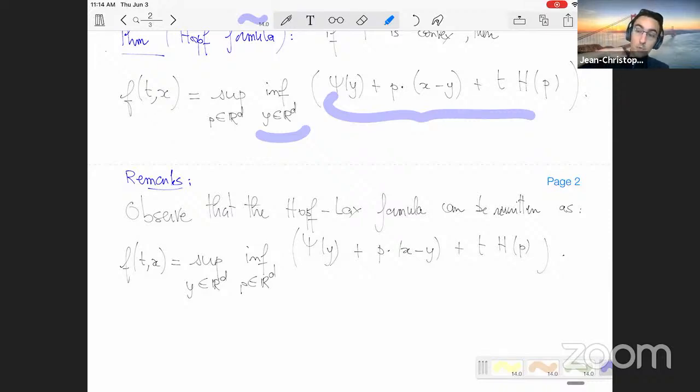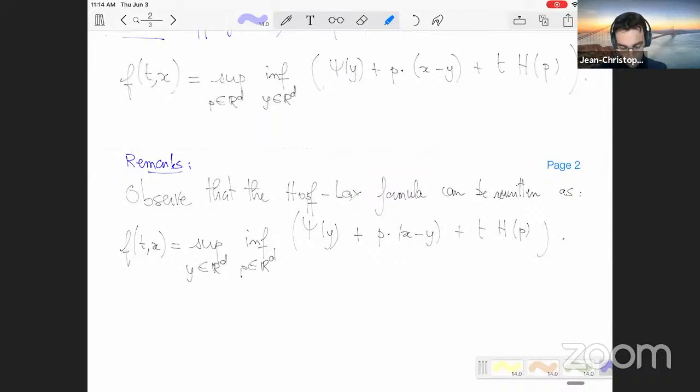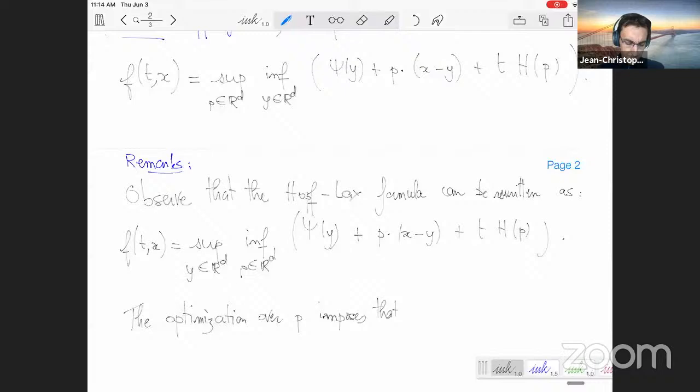So this should be 0. This tells me that at the point that realizes this sup inf, I have to have that p equals grad psi of y. So the optimization over p imposes that p equals grad psi of y.